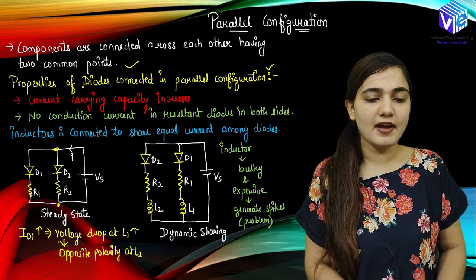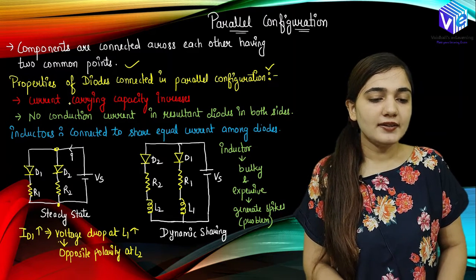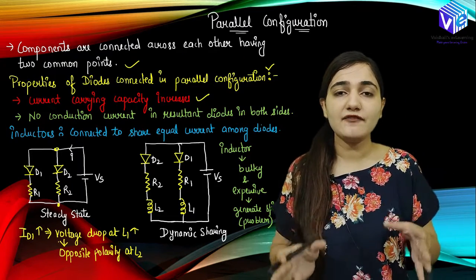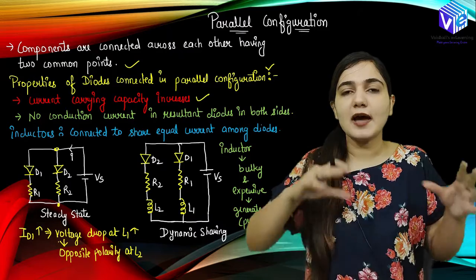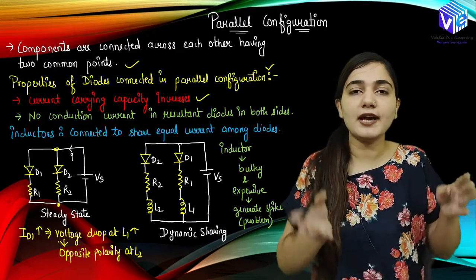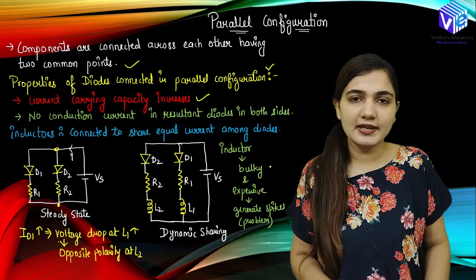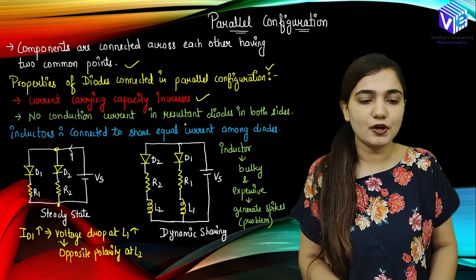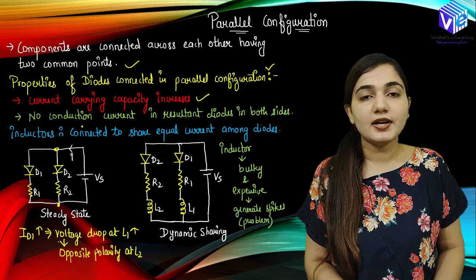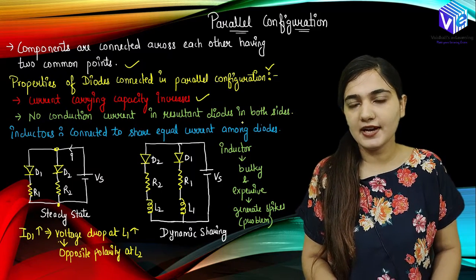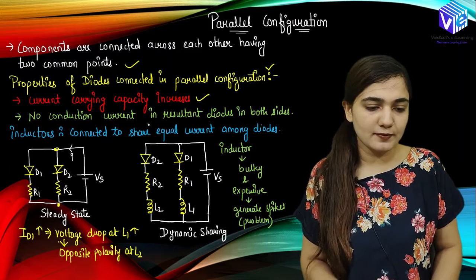When I have parallel connected diodes, the current carrying capability will increase. So if I want a high power device, with more current passing through it, I will connect more and more diodes in parallel, so that the current carrying capability is increased for the given circuit.